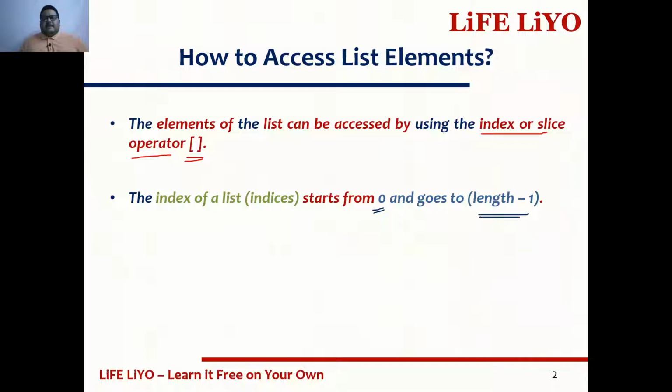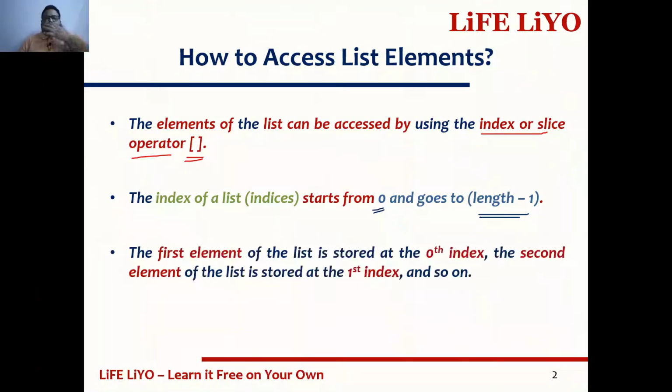What does it mean? For example, if you have a list with 100 elements, then the first element of the list is stored at the 0th index. Then the second element will be stored at the first index, and the third element at the second index.